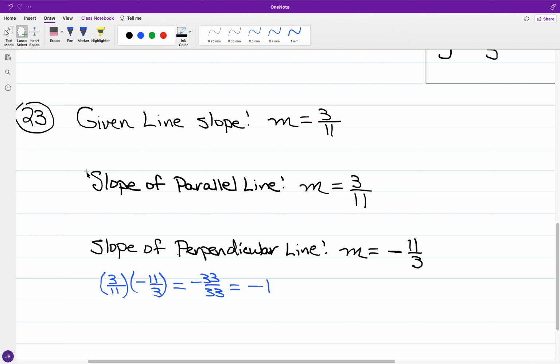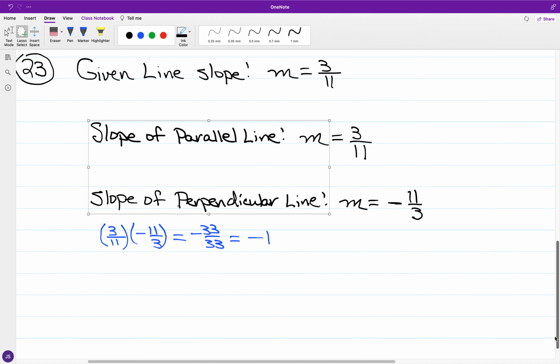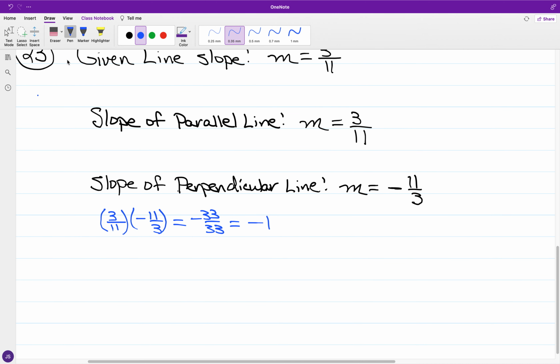All right. And for the next case, number 26, we have the given slope to be negative 10.